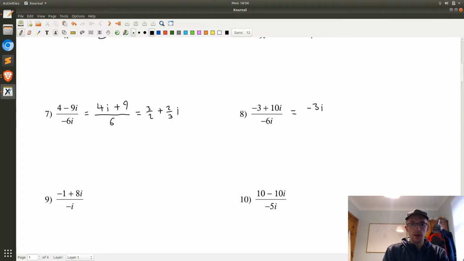All right, negative 3i, take 10, all over negative 6i squared, so 6. Then that becomes negative 10 over 6, which is negative 5 over 3. And then take 3 over 6i, so take a half of i, and we're done. Brilliant.